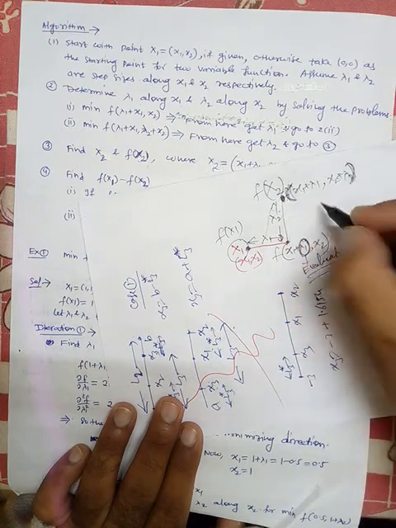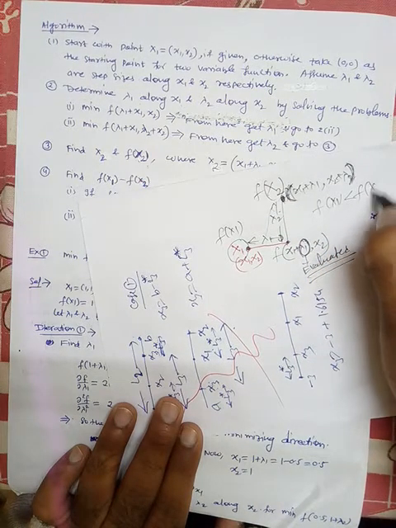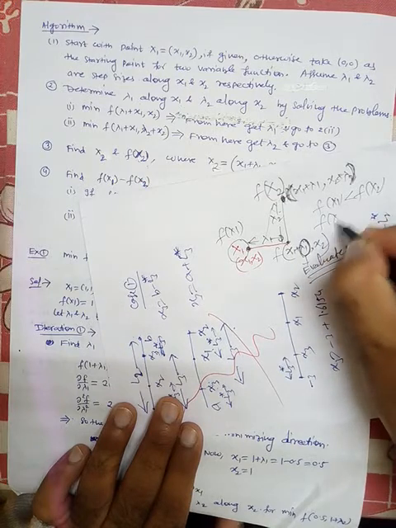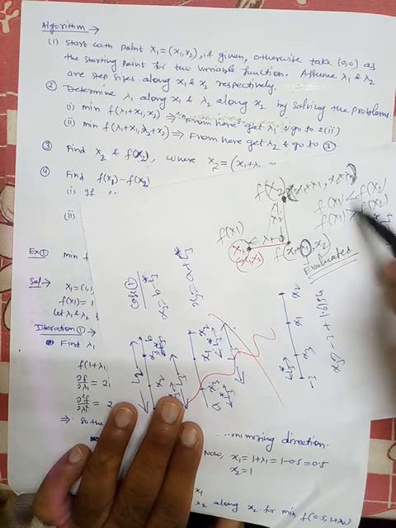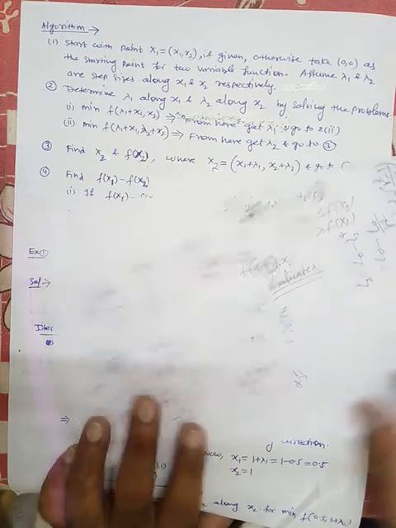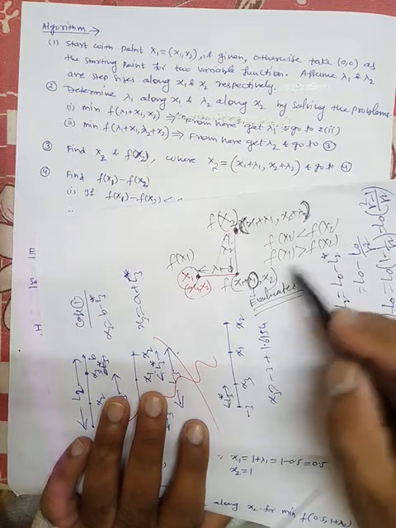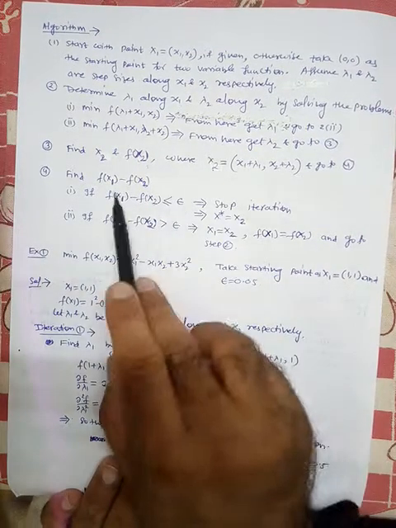Now either f of x1 is less than f of x2, or f of x1 is greater than f of x2. If both are equal, then there is no benefit. So either less than or greater than. That's why this is considered here.